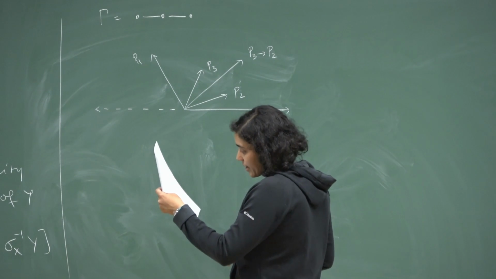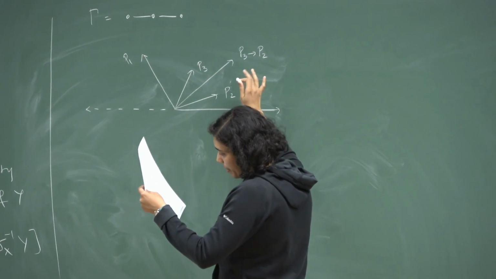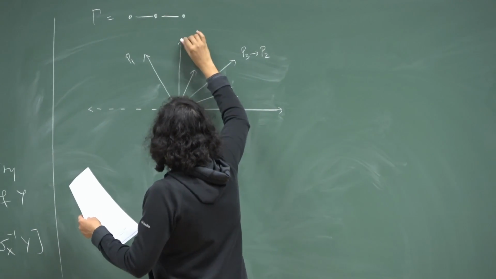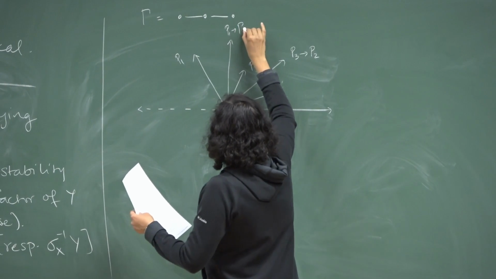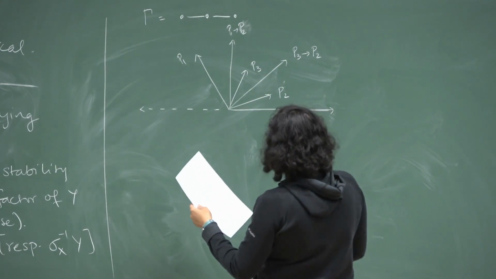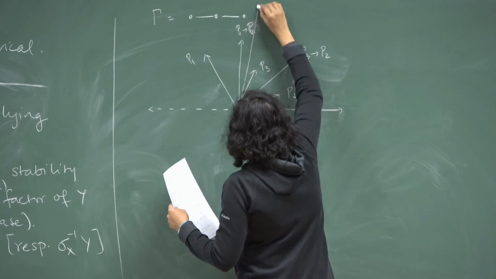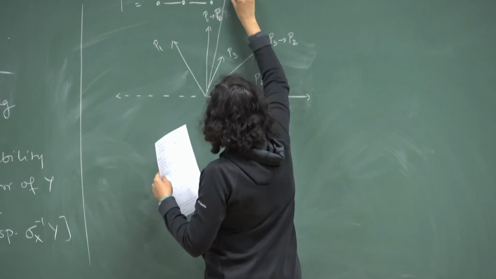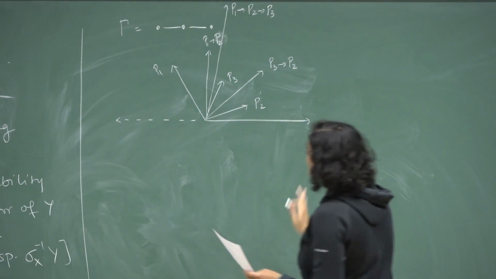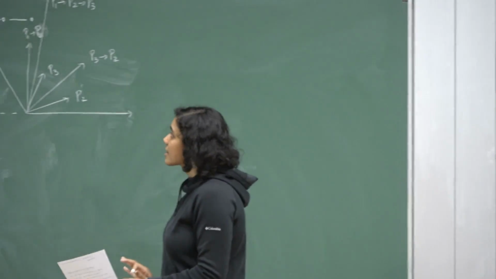In this case, the other extensions that are stable look like P3 to P2, P1 to P2, and the way I'm drawing it, the vectors add up as well, so that's nice. And finally, there's a third one, P1 to P2 to P3. So this is a complete list of stable objects up to shift for this stability condition.